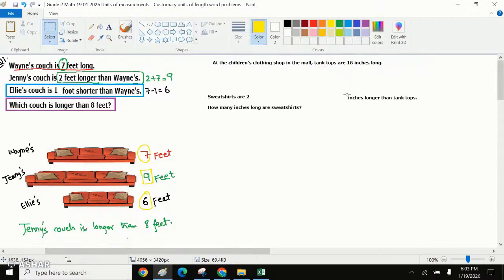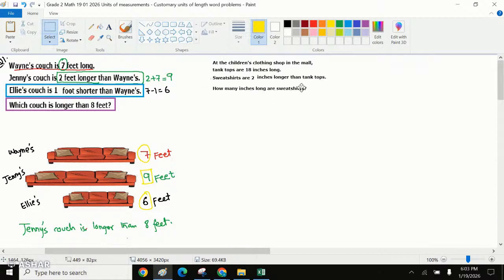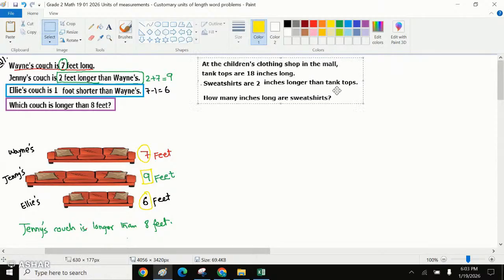They're saying sweatshirts and tank tops. Just a minute. This is our question number 2. And at a children's clothing shop in a mall, okay, I hope it's readable.